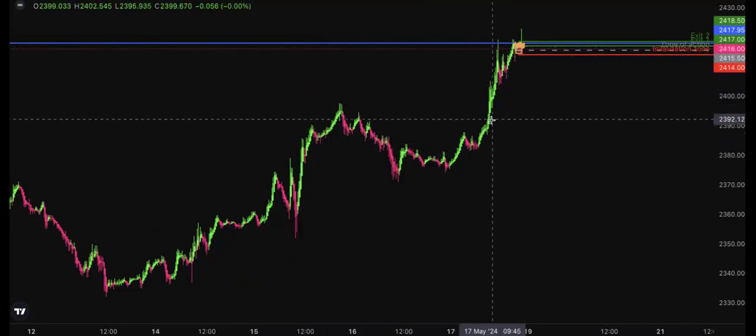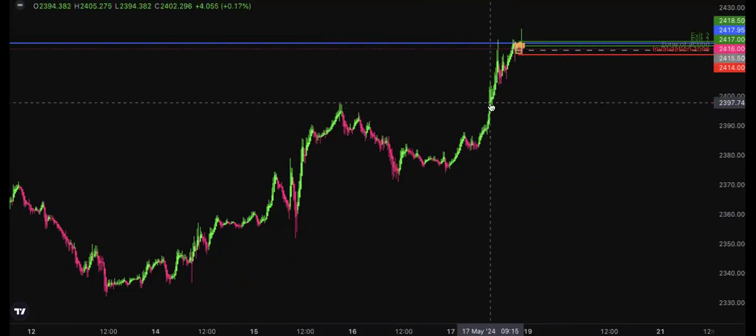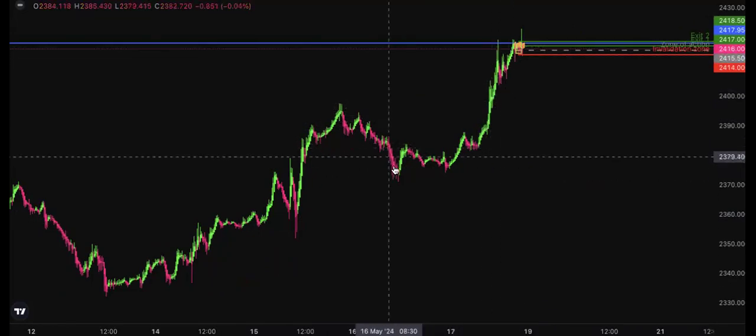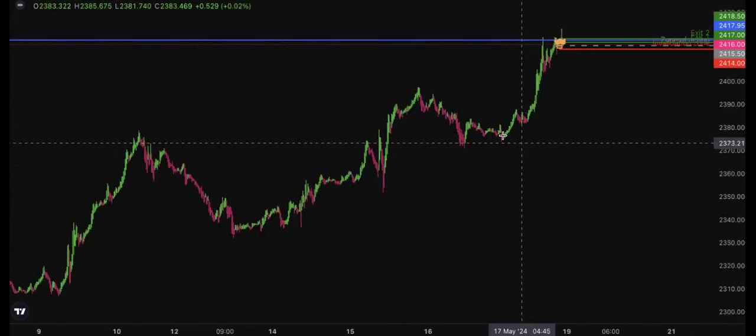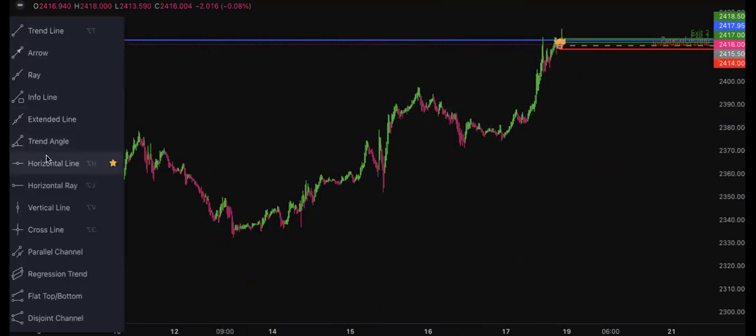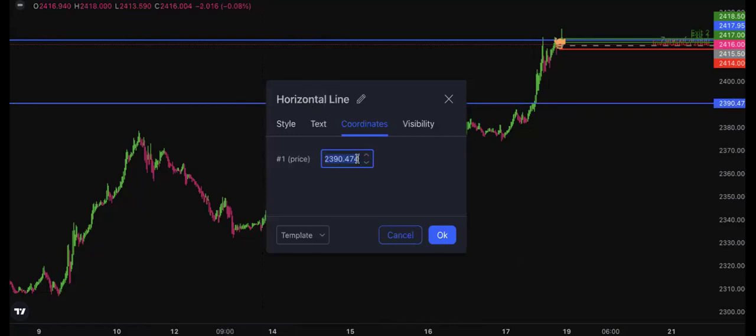Those of you who are new to trading, when you see green, or on some charts blue, that means the market is buying. Red will always mean the market is selling. Right in here, we got some good consolidation. I'm going to put a horizontal line here, and I like to keep mine at either 0 or 0.5.